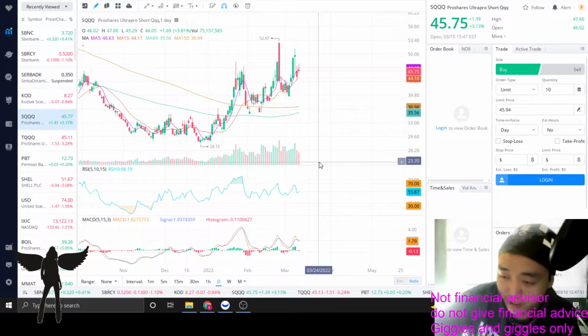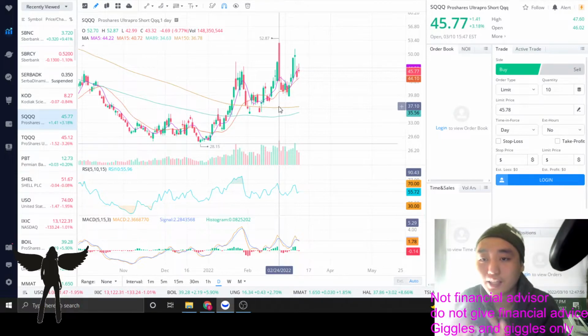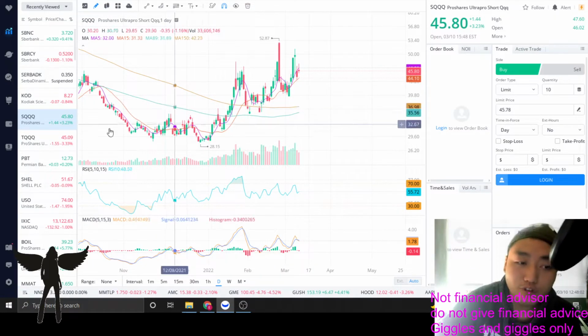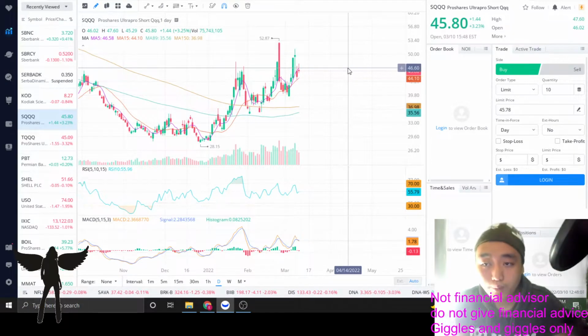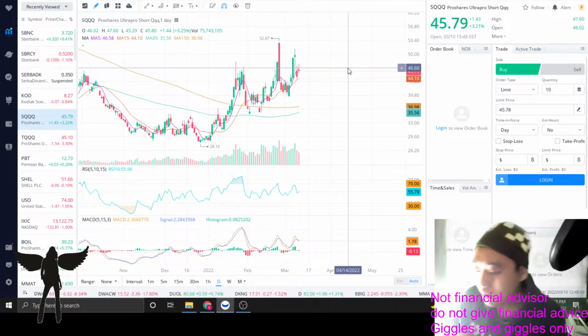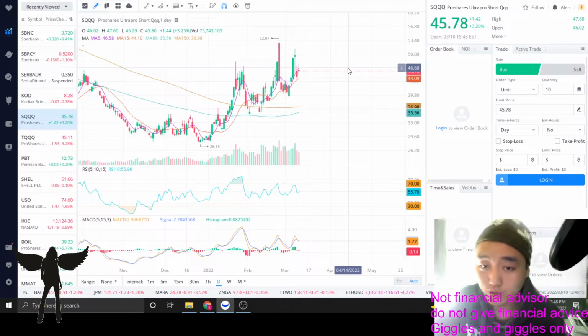But if we look at the SQQQ and TQQQ, they're basically 2-3x leveraged ETFs that you can use to either long the Nasdaq or short the Nasdaq, right? So if you're buying into SQQQ, what it means is every 1% decrease in Nasdaq, you will have a 3% increase in your holdings of SQQQ.